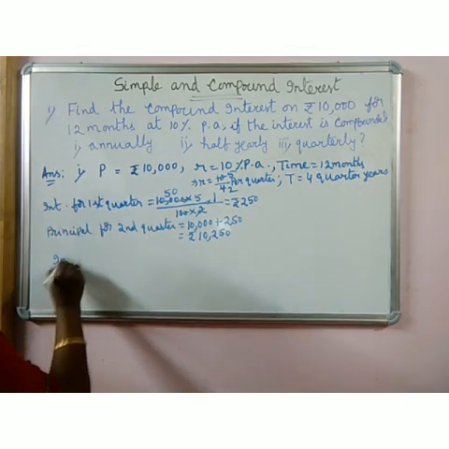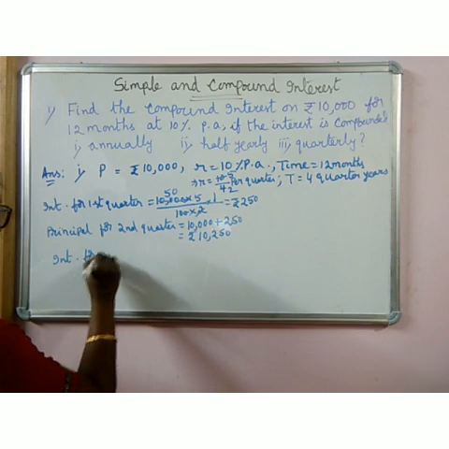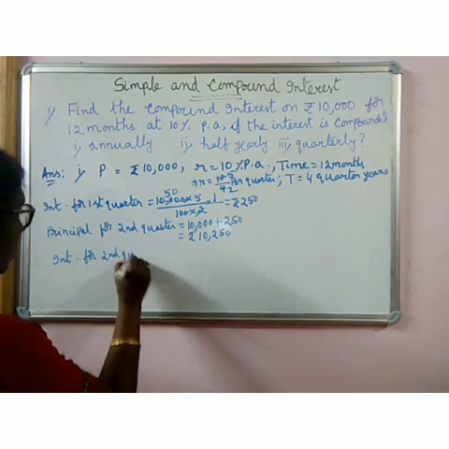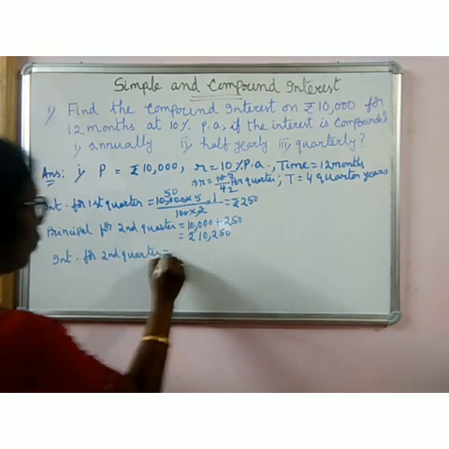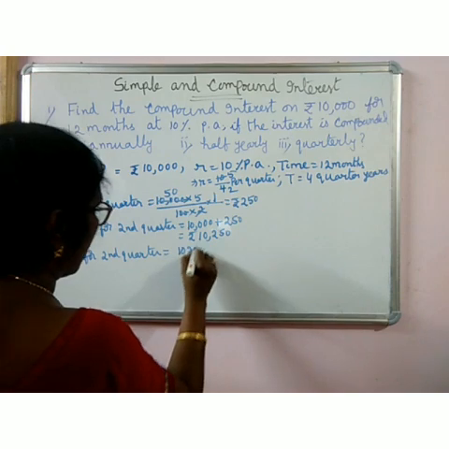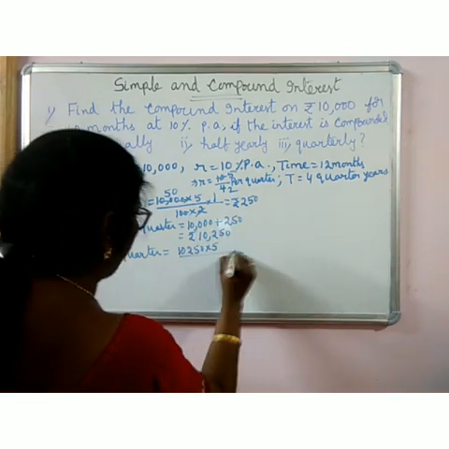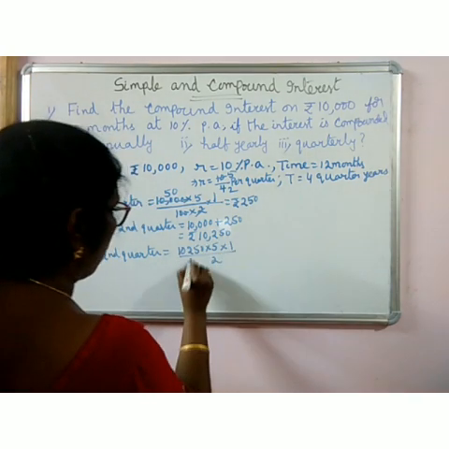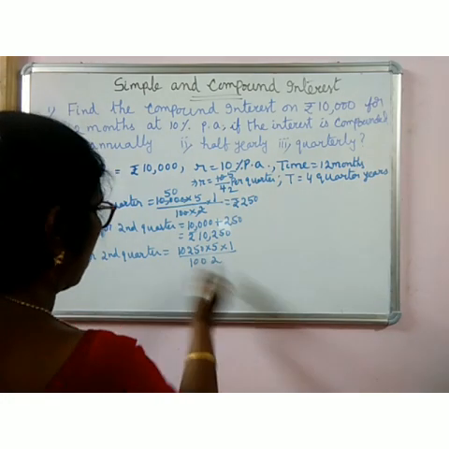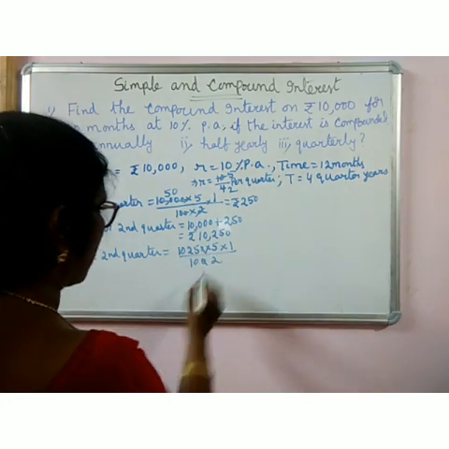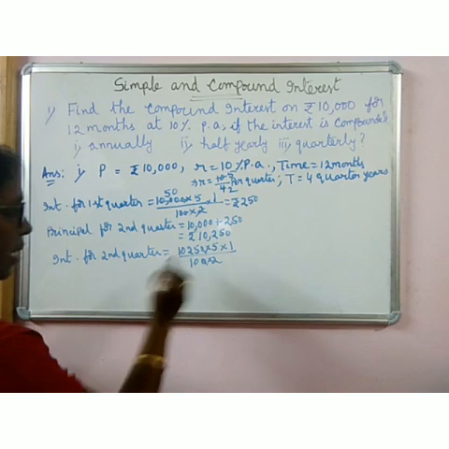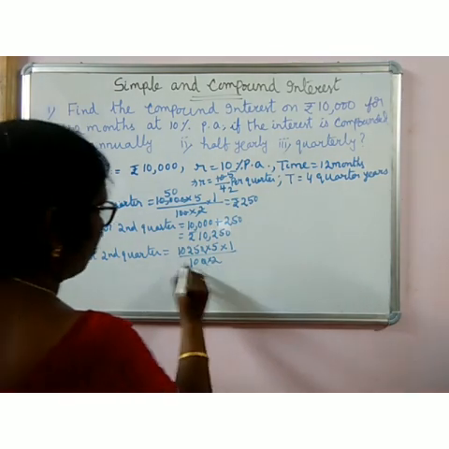Let us find interest for the second quarter, equal to 10,250 into 5/2 into 1 by 100. Okay? Cancelling the zero, cancelling 10 by 2.